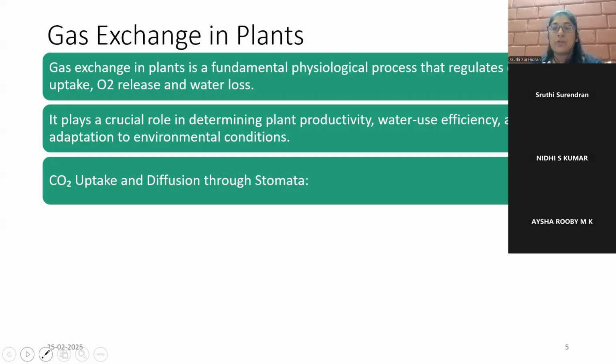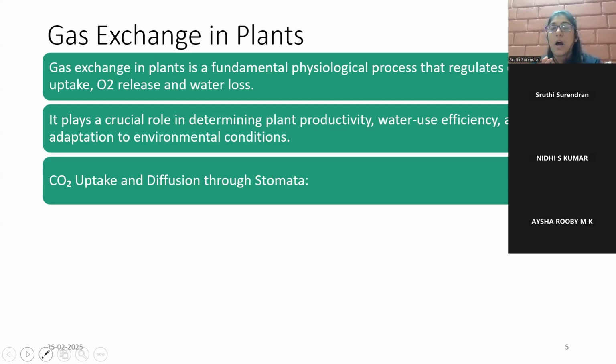In photosynthesis, carbon dioxide is entering the stomata from the atmosphere. Oxygen is leaving the leaf through the stomata back into the atmosphere. And water, in the form of water vapor, is also released back into the atmosphere from the leaf.